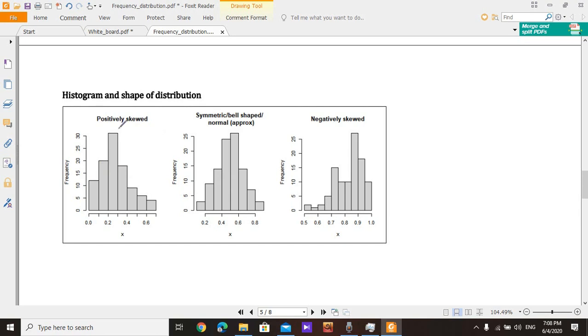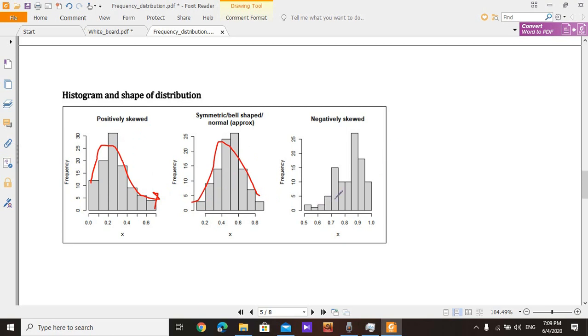This is simulated data, so I discuss the shape of the distribution from the histogram. In the first histogram, the shape is approximately the same on both sides, which is symmetric.